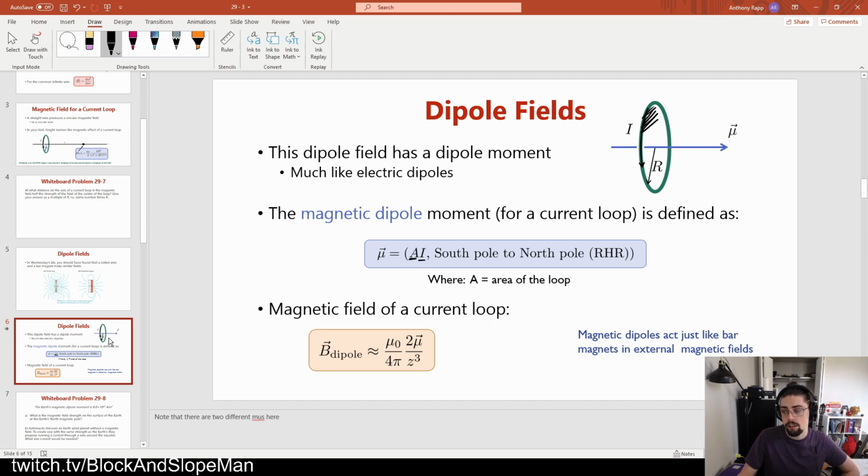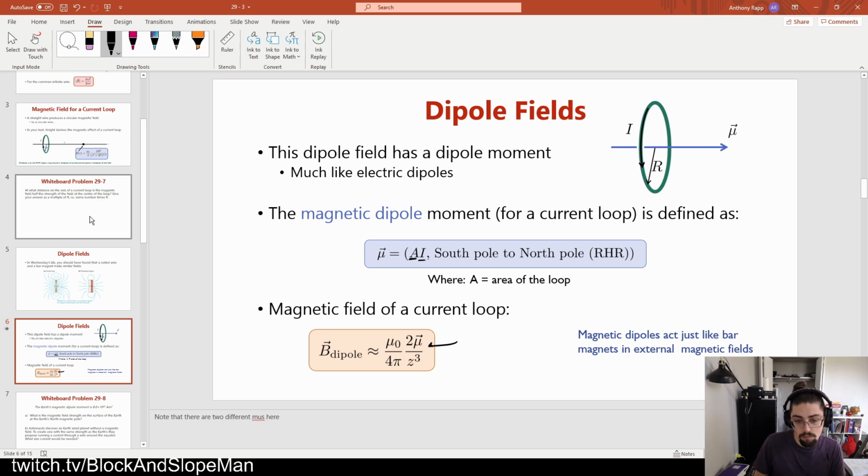And so area, we're talking this whole thing right here. That's the area that we're talking about. So most of the time, it's going to be pi r squared. But then the magnetic field, because of some sort of current loop, or because of the dipole moment of some current loop, is going to simplify to this.